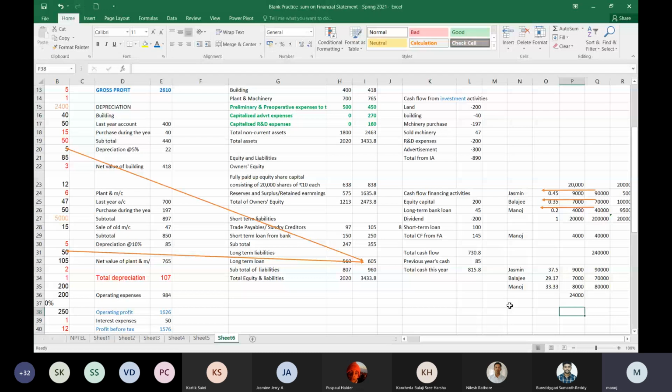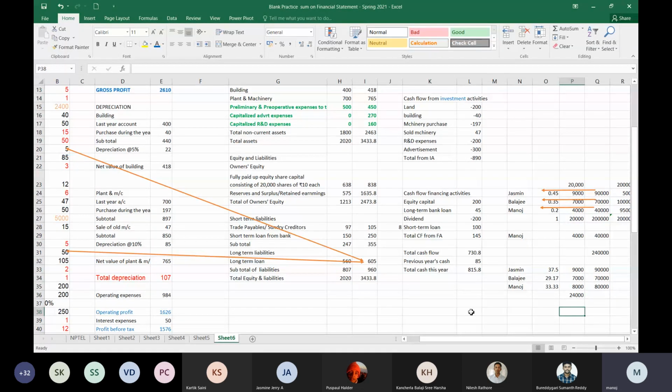Next year, suppose Balaji says, you know, I'm not liking this business anymore. I don't want to be there. I just want to quit. So you too take my shares. I don't mind. How much money would you like to give me? Then you decide that, okay, the business is now valuable.